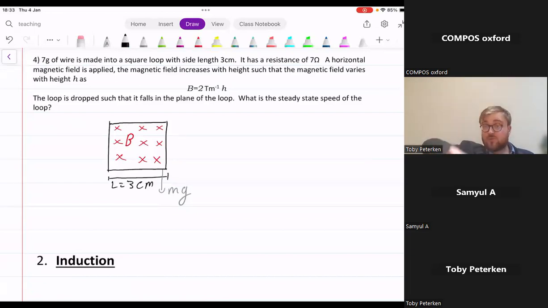That way, as it falls, the current is such that there is an upwards force. Do you remember that? If we have a current carrying wire passing through a magnetic field, then there's a force on that wire. So the induced current here is going to be in such a way that overall there's an upwards force on this loop.